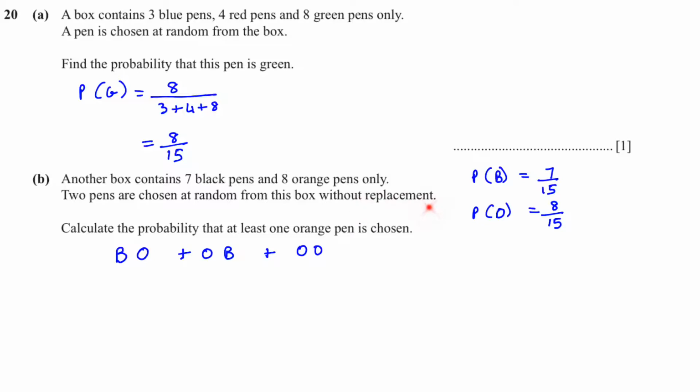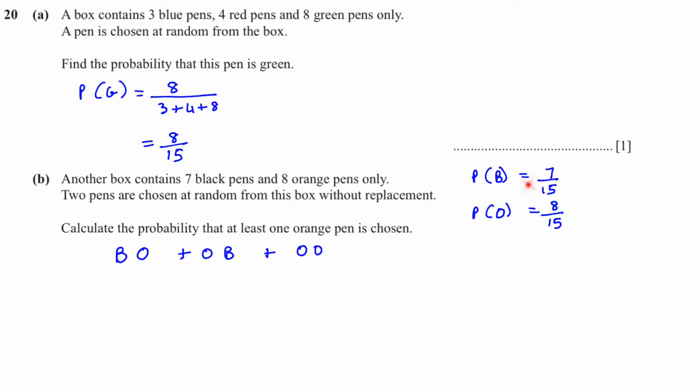It is without replacement. Whenever it is without replacement, suppose you have 15 pens, you take one and you don't put it back, your total number of pens is going to be 1 less. So my probability of black pens is 7 over 15, and the orange pens is 8 over 15.